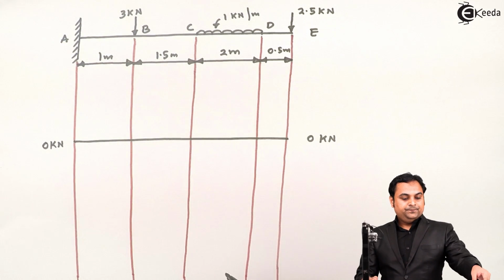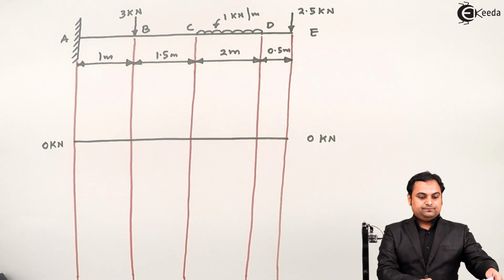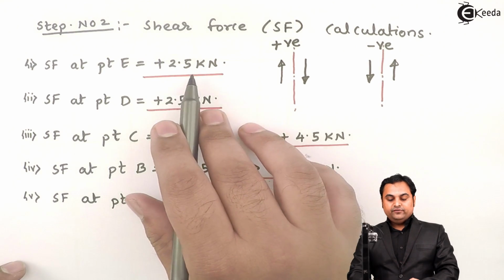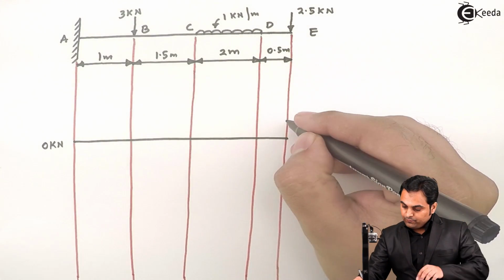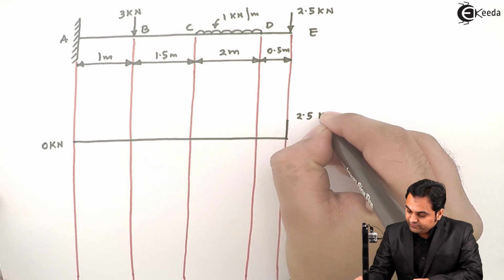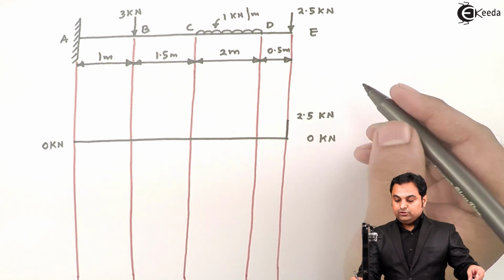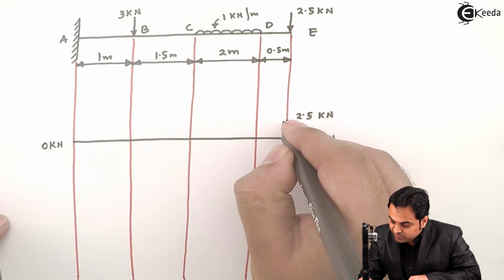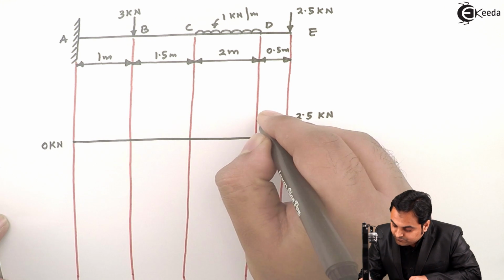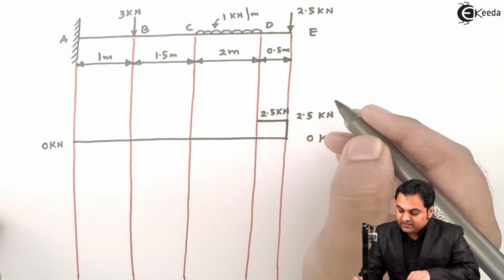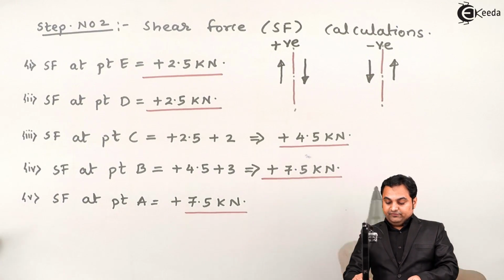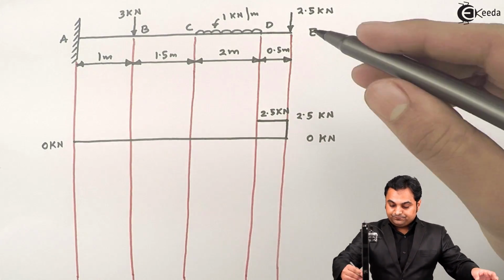It is 0 kilonewton. Then the shear force value at point E, it is 2.5 kilonewton. This value will remain constant from E to D because there are no forces between E to D. Next, at point C, the value is 4.5 kilonewton, again positive value.